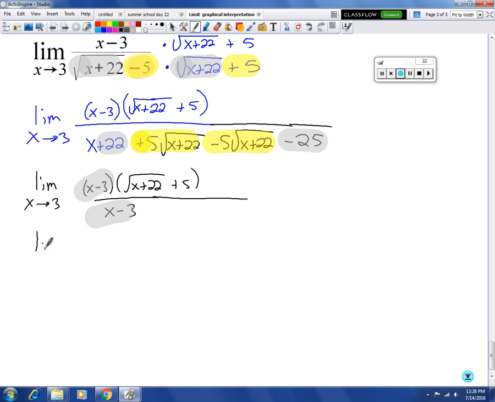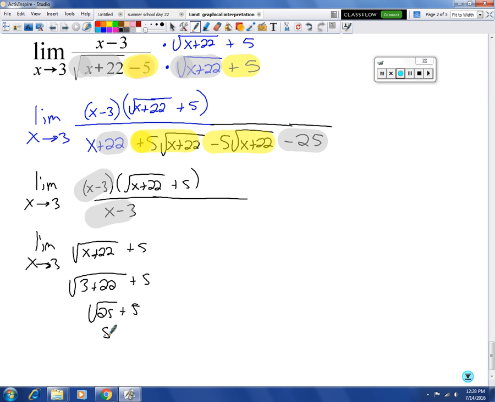So we're going to have the limit as x approaches 3 of the square root of x plus 22 plus 5. We're going to substitute our 3. We have the square root of 3 plus 22 plus 5. We get the square root of 25 plus 5.